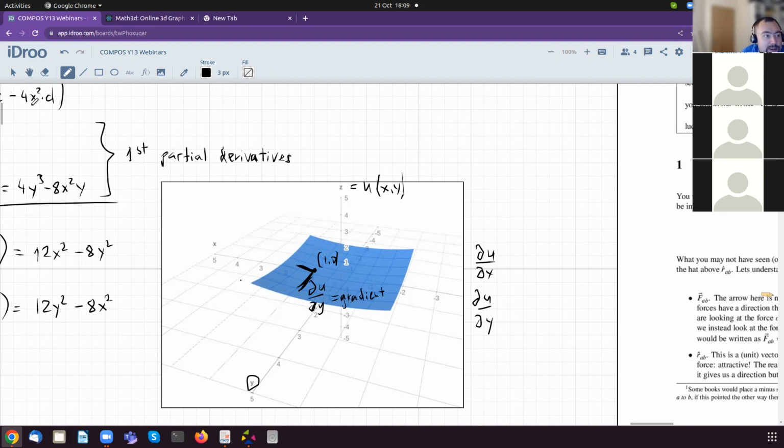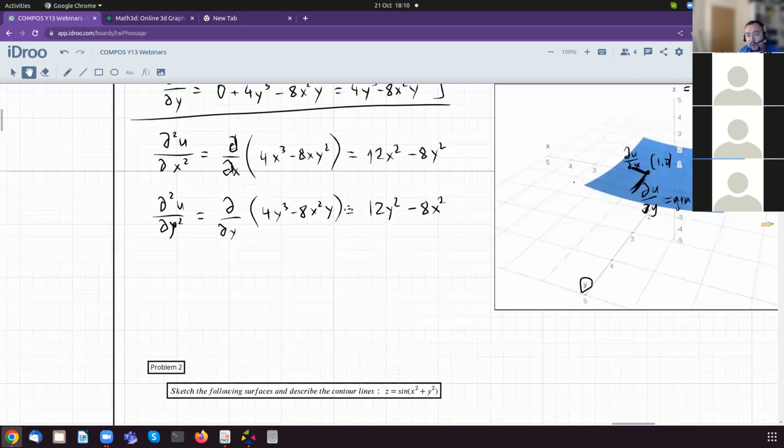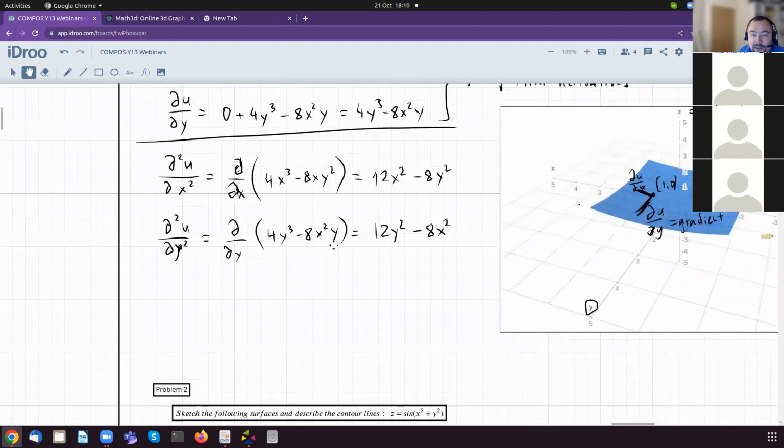Okay, and this one is the gradient du dx in the x direction. So hope that makes sense. So this is one of the things it is used for. That's the meaning of it.